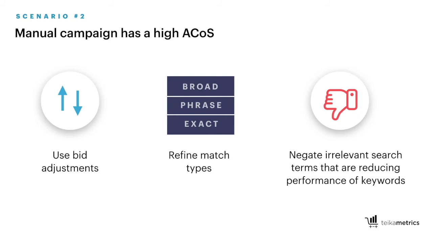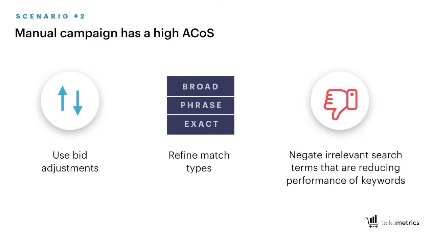Next is match types. That will really help lower that ACoS. So to think about phrase and exact, those are going to definitely be the lowest cost per click and ACoS. So being able to refine match types is going to be huge, as we mentioned prior. And then also, as we said, using the negative keywords to create more efficiency.